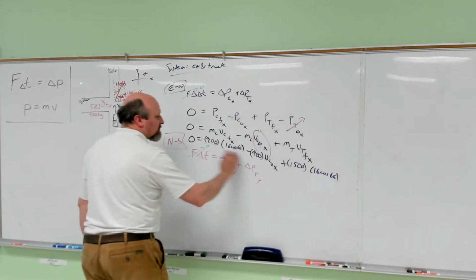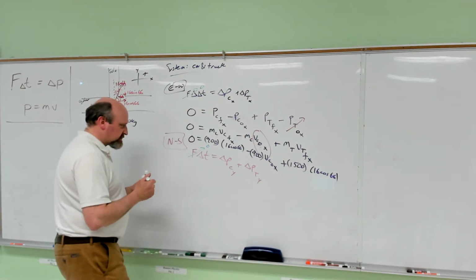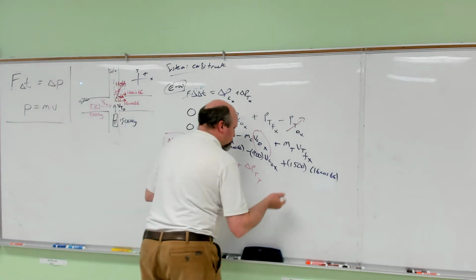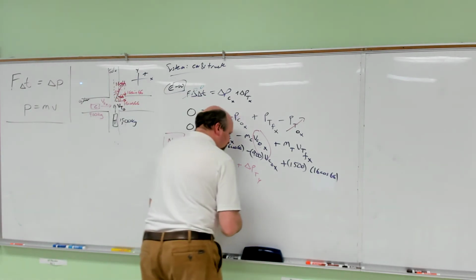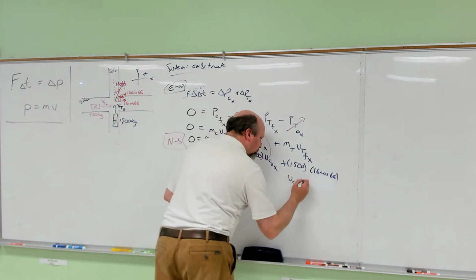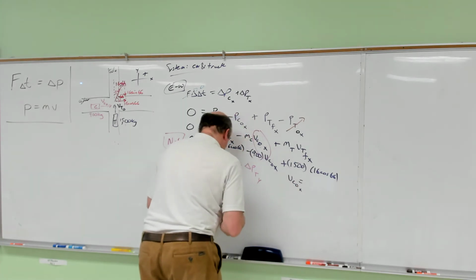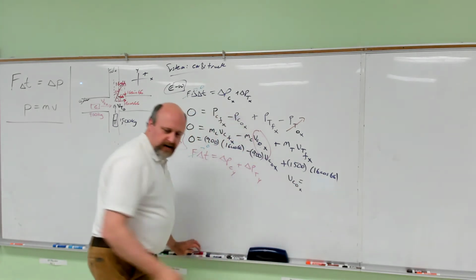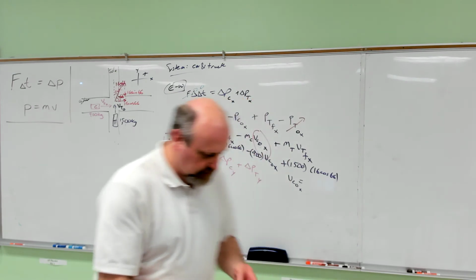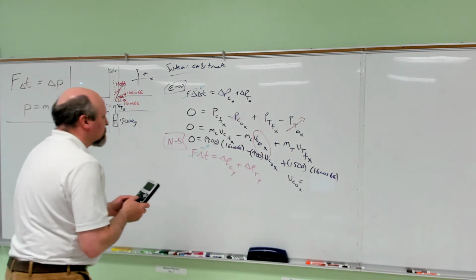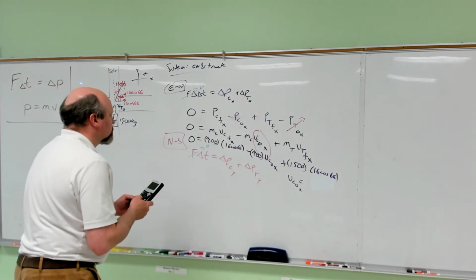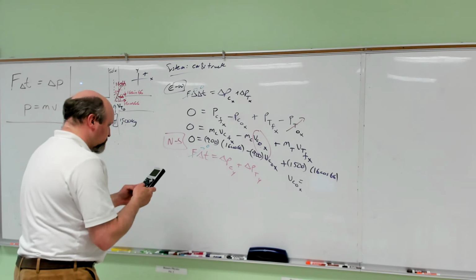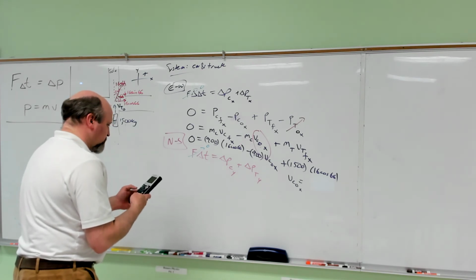So I can solve that equation for the velocity of the car on the x-axis, right? I'm going to do that in my calculator here off to the side. Okay, so 900 times 16 cosine 66.